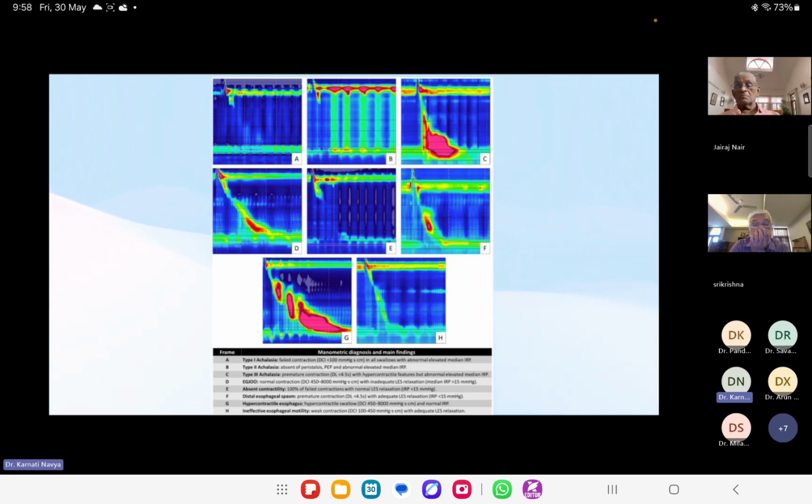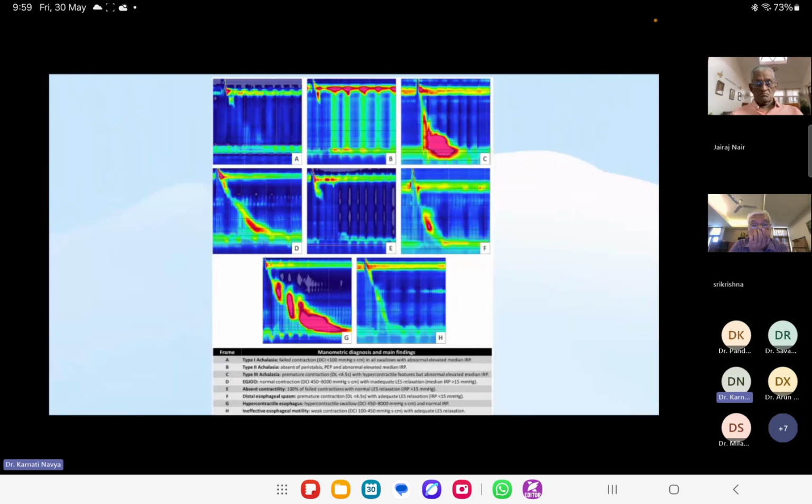Whereas in image E, there is absent contractility with 100% failed peristalsis, but you can see the normal esophageal relaxation phase, which is the break in the green bar on the x-axis. In image F, you can see diffuse esophageal spasm. Here it is not mentioned, but the esophageal sphincter relaxation is normal, so the timing of the distal contractile esophagus is less than 4.5 seconds, which shows a premature contraction.